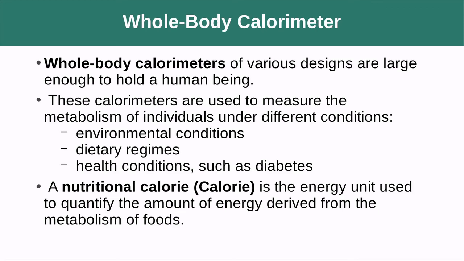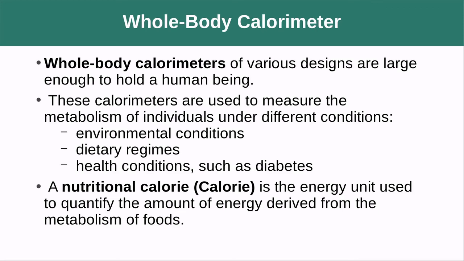Another example of a calorimeter is a whole body calorimeter. It's like a giant calorimeter that they put people in and basically measure how much energy is coming off of them given how much food they ate. And in this sense, they come up with a value that's known as the nutritional calories.